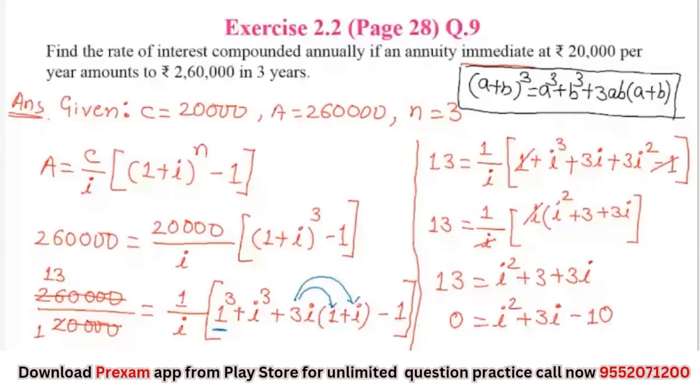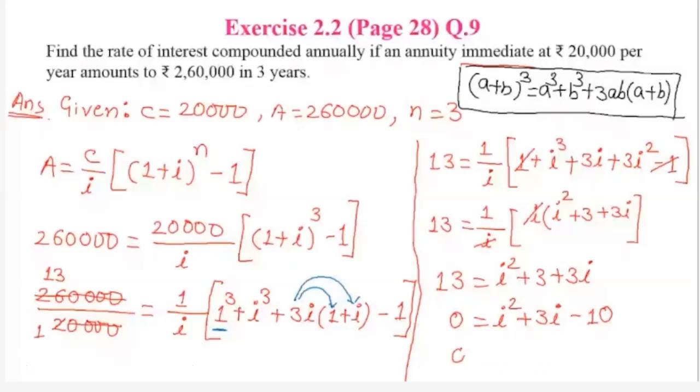So what will be the factors? 0 is equal to I square plus 5i minus 2i minus 10. Clear? Factors are 5 and minus 2. Clear? We are going to stop here. We'll continue this in the next lecture.